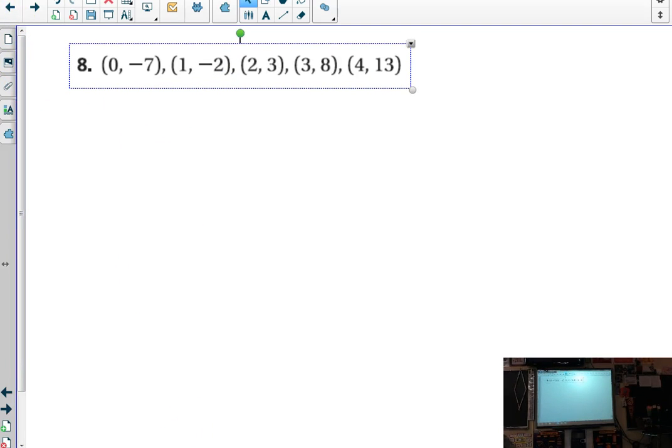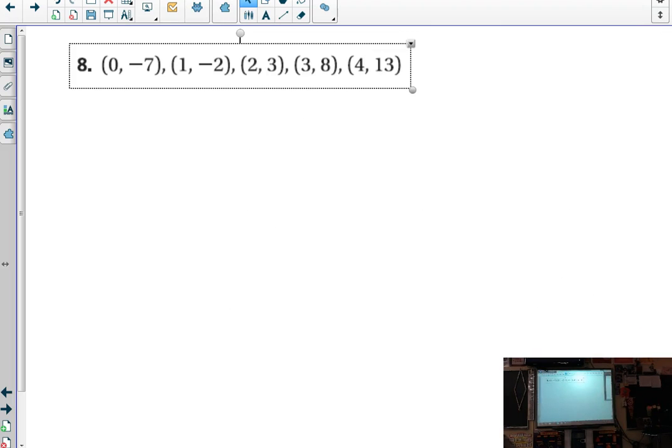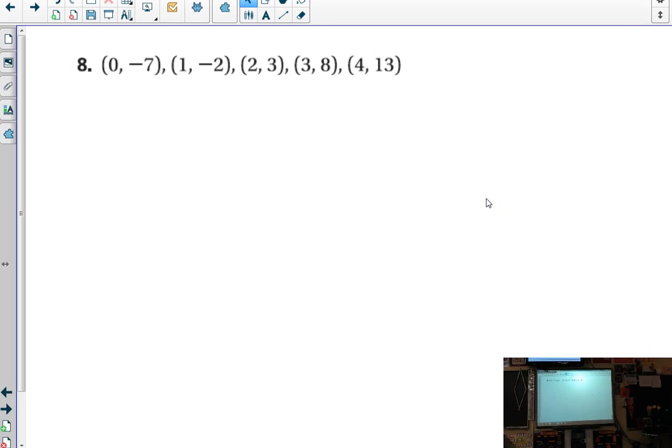All right, the stem of this says, each set is a function. Write the rule that represents the function. Now, when we look at functions, we're trying to determine the rule. Setting them up like this is terrible. Some people can work like this and deal with it better than I can. I can't deal with it like this.